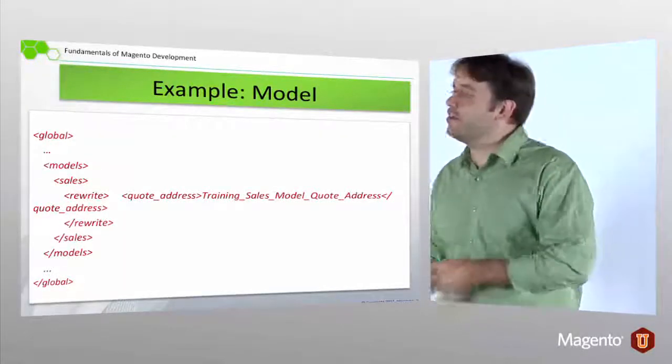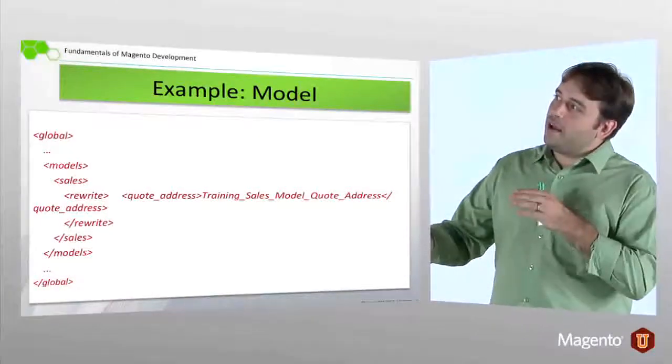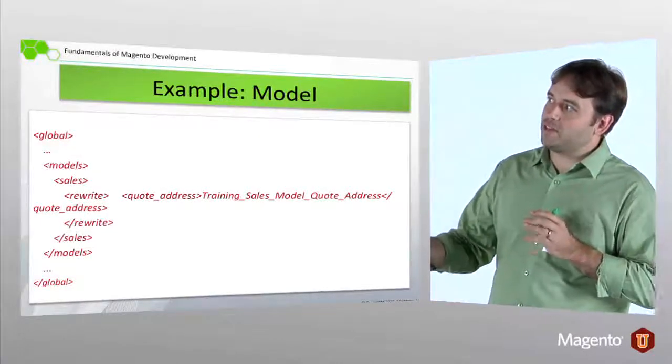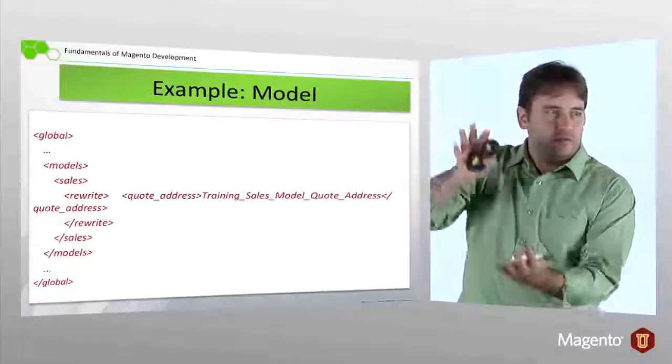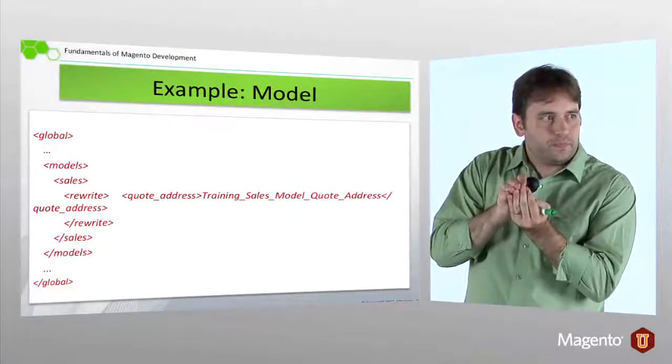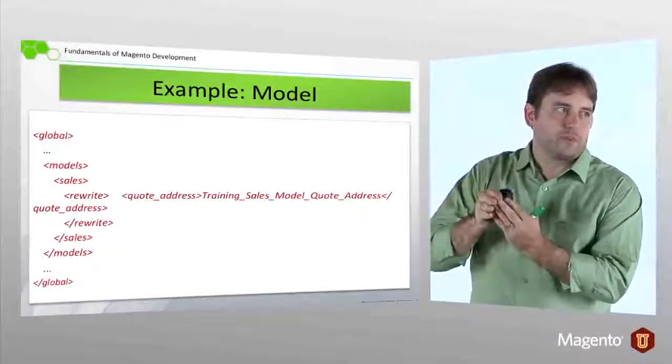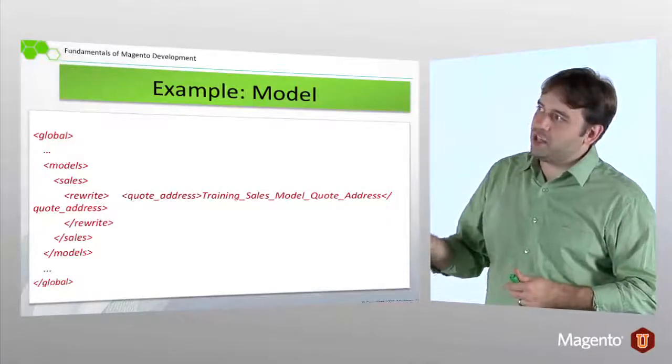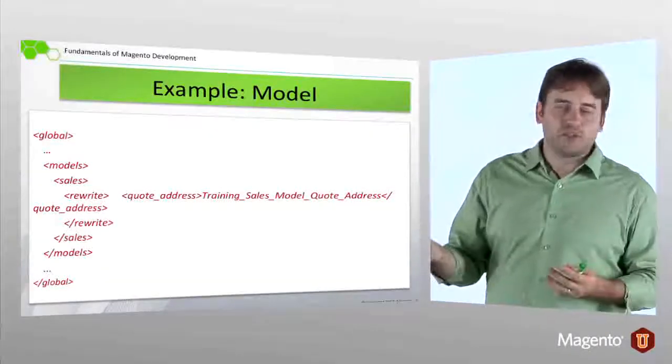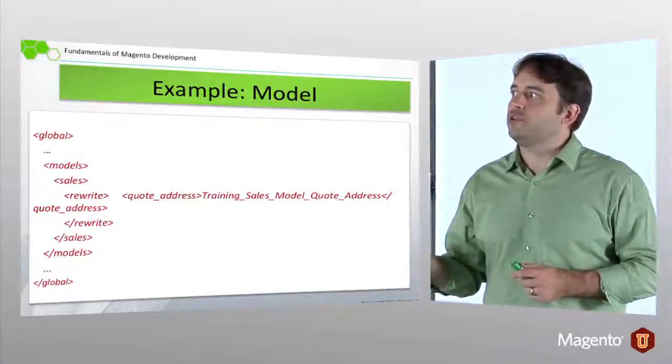If I could write on the screen, I'd love to, but I can't. So imagine that you have this path existing, because remember, all the configuration is loaded together. It's basically loaded into one big DOM structure. So this XPath has already been set up somewhere else, and we're simply adding a node to it.